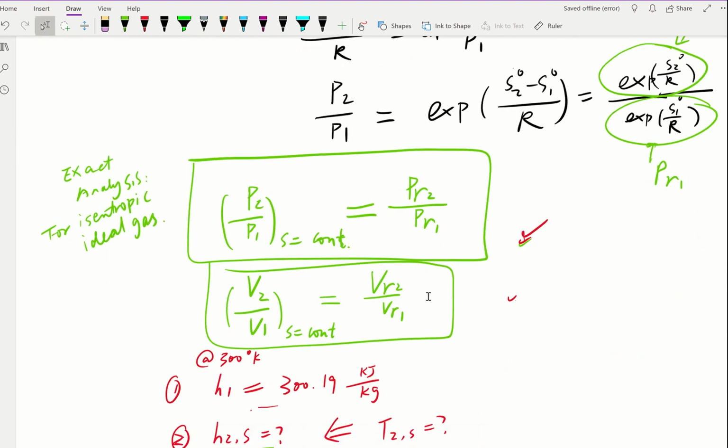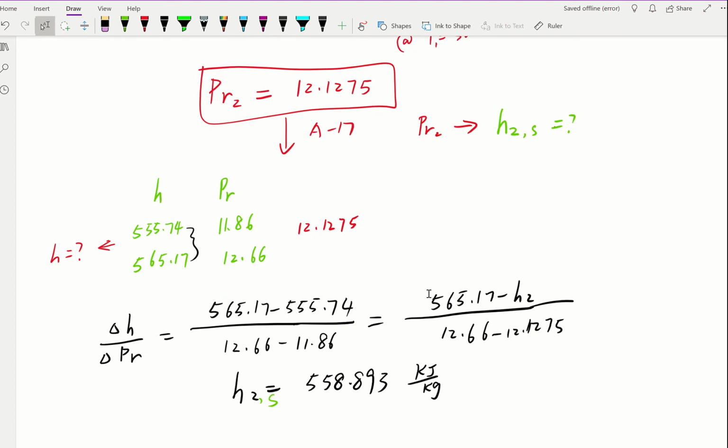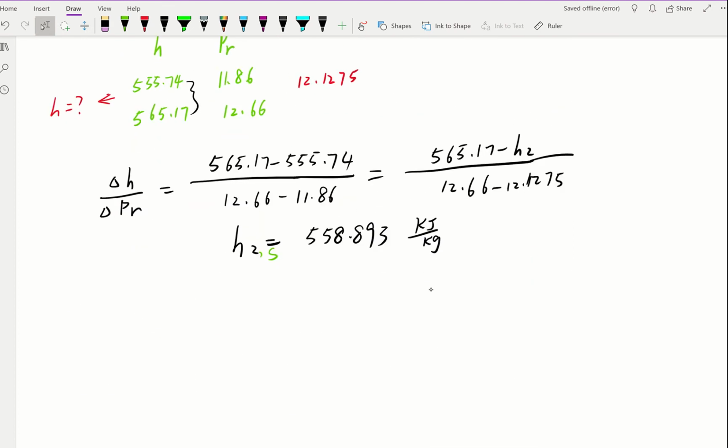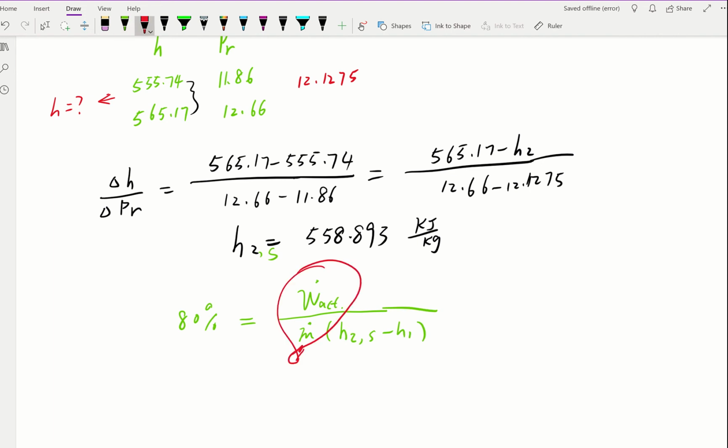So I'm going to go back to write it down. The last step. We know the isentropic efficiency is 80%. And that efficiency is equal to this actual work over, if it's running isentropic, that's going to be our H2S minus H1. And what we are solving is this value right here. So we go ahead and write down our actual work over mass flow rate.